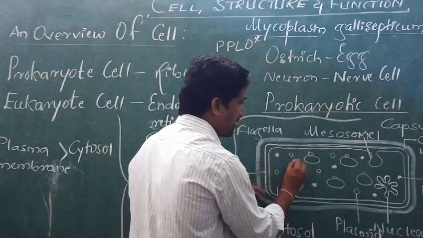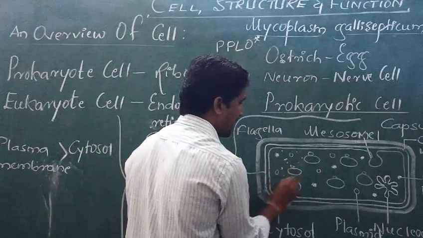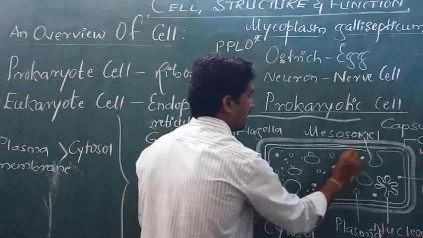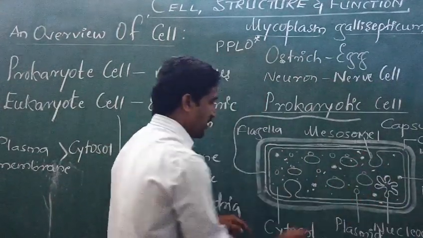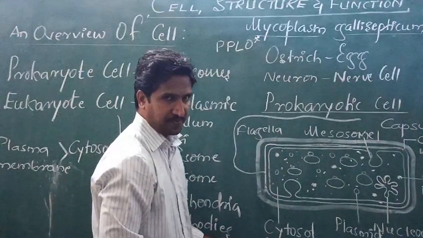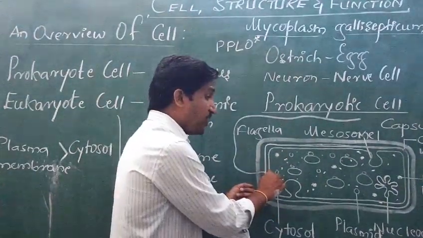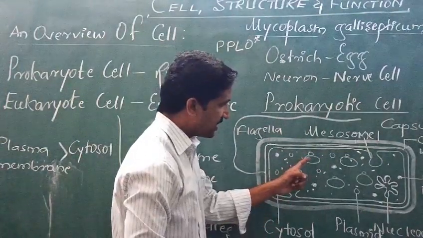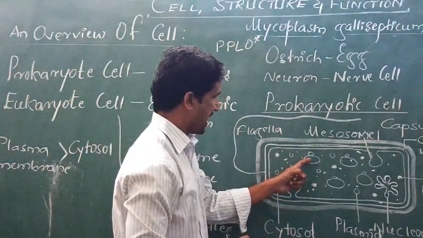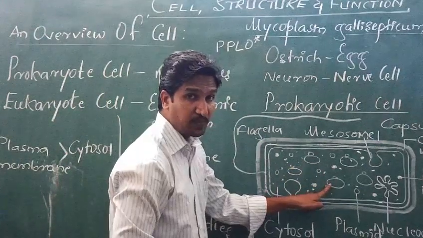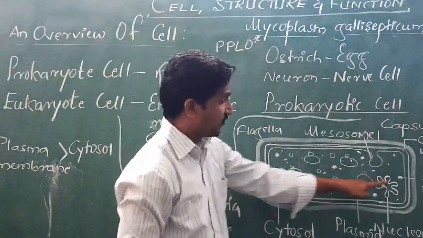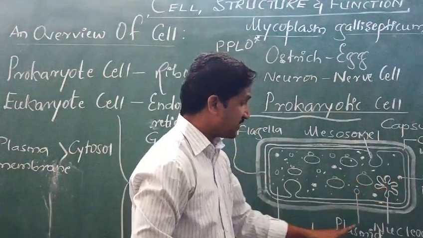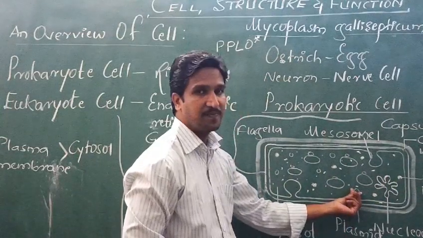Under this plasma membrane there is a fluid material called cytoplasm. Inside this cytoplasm, the cell organelles are present. They are ribosomes, as well as fat droplets, as well as plasmid.